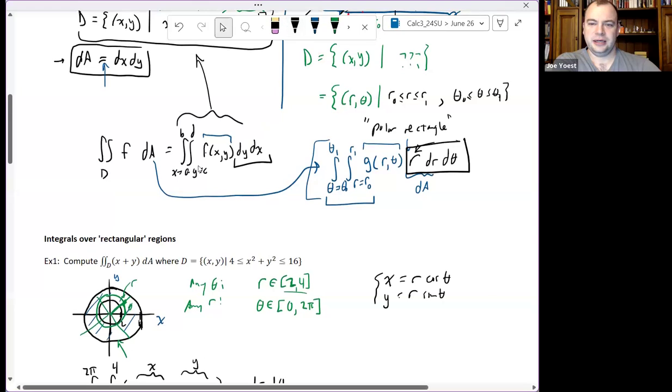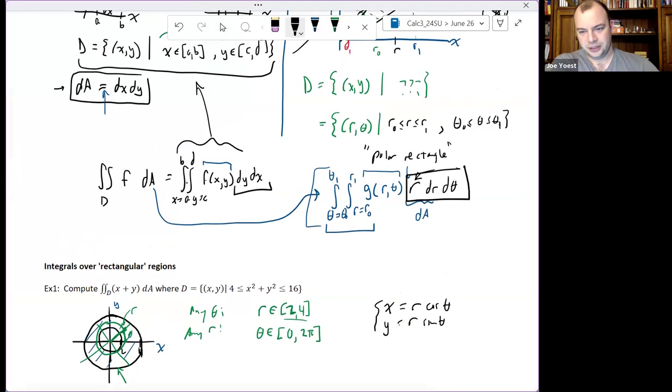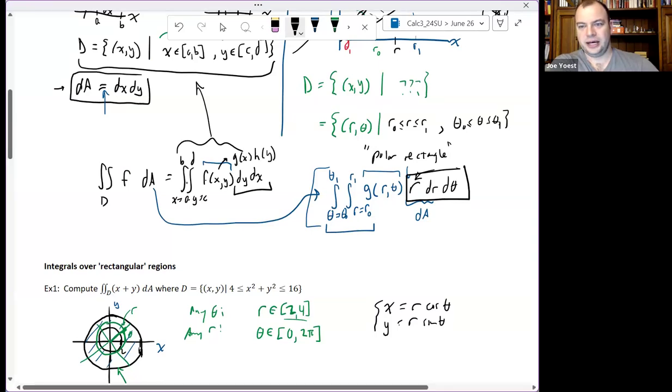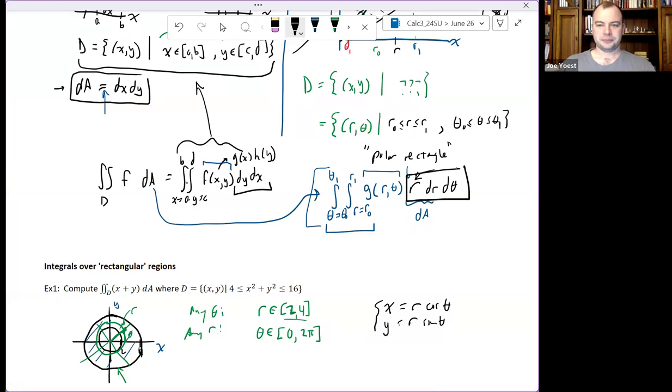Just like the idea in rectangular coordinates, where if f of x y was g of x times h of y, I could pull these two integrals apart, right? The g of x can come outside of the inner y integral, and then what's left over, the integral from y equals c to d of h of y dy, that whole thing is just a number that can come all the way out of the x integral.